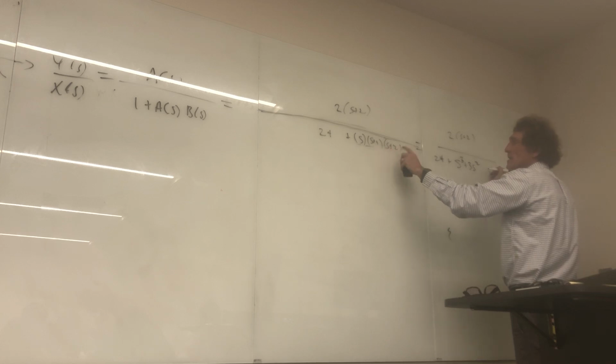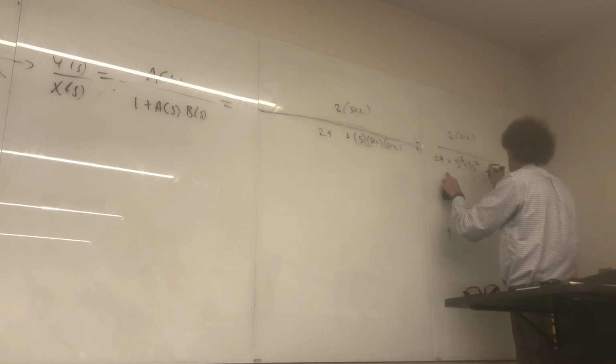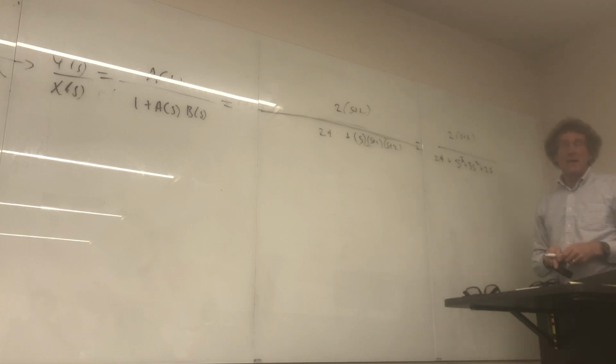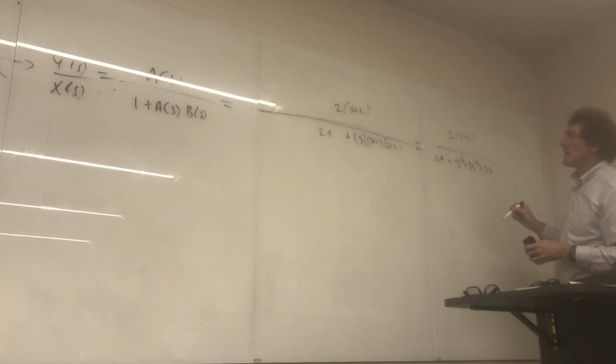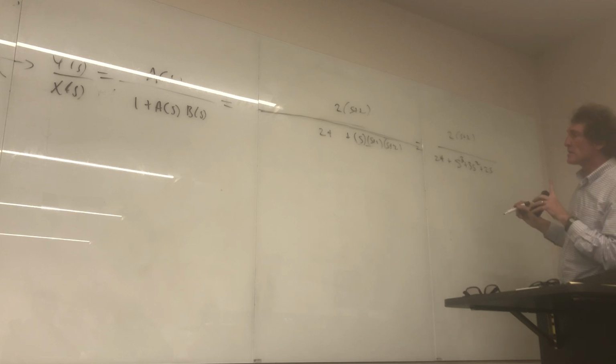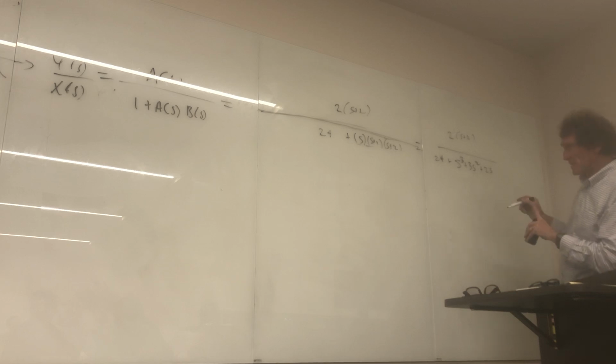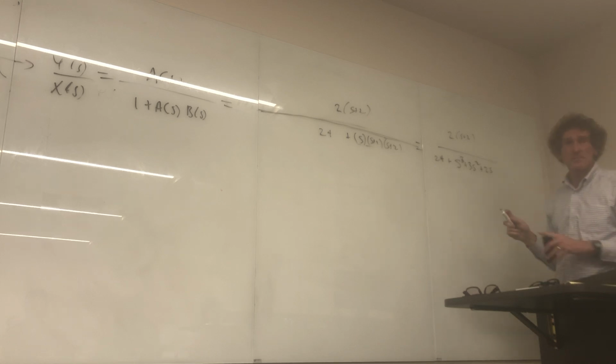Then I have 1 times 2 times S, so I have 2S. Do you agree with me, class? I have all that, and that, I think, yeah, that's right. Correct, class?